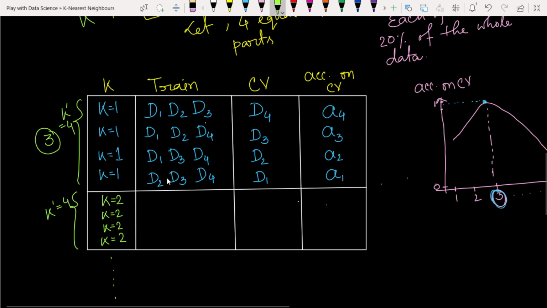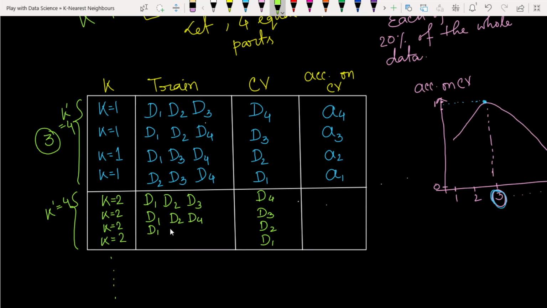Okay, the same jobs we have to do. First we calculate the cross validation for d4, then d3, then d2, then d1. So this will be d1, d2, d3. This will be d1, d2, d4. This will be d1, d3, d4.